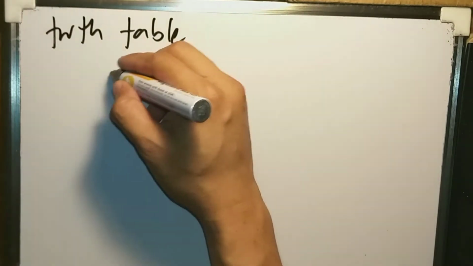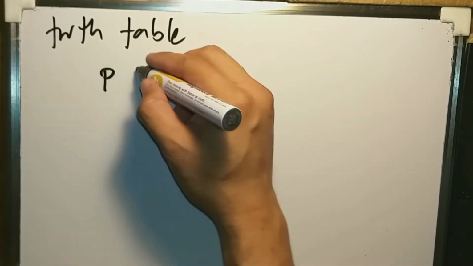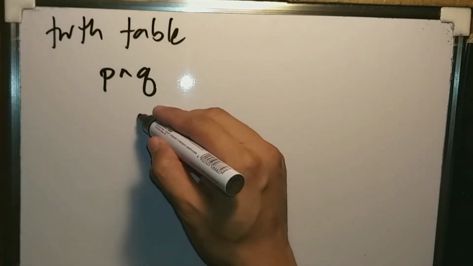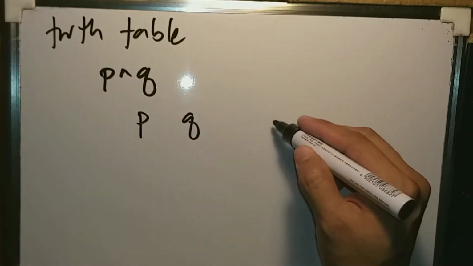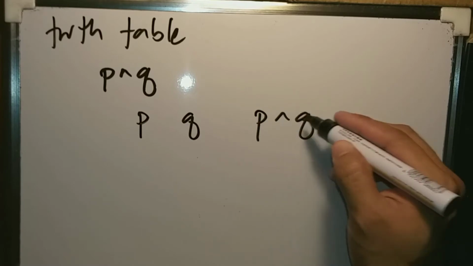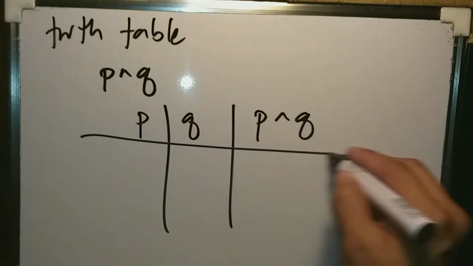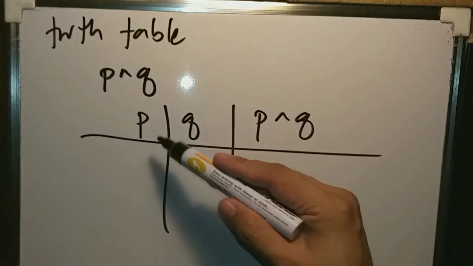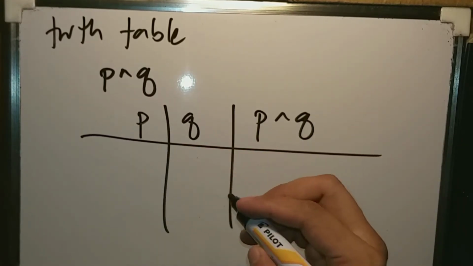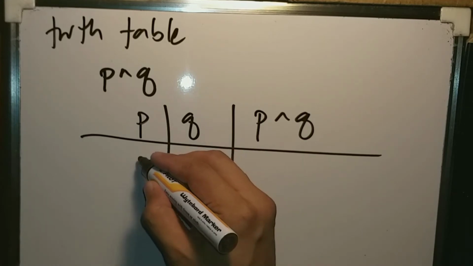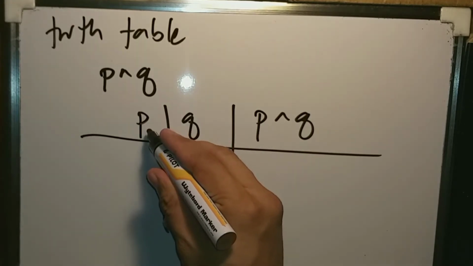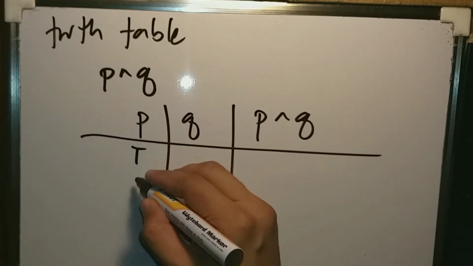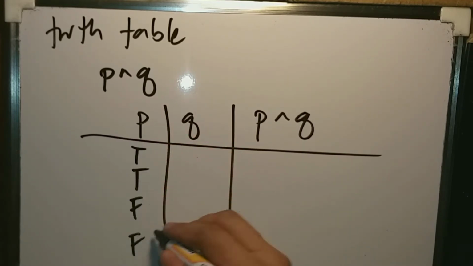So for the statement P and Q, we have P, Q, P and Q. P has four possible truth values: true, true, false, false.